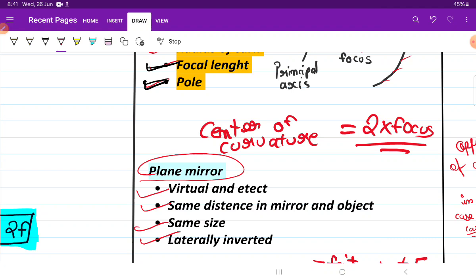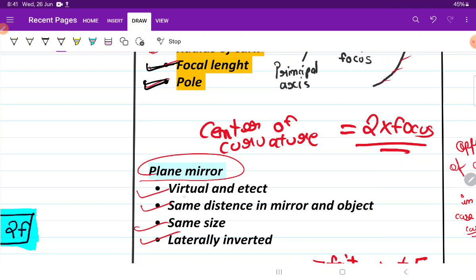For example, this is you, this is the mirror, and this is your image. This is 10 centimeters, this is also 10 centimeters, and the distance between both will be 20 centimeters. So this is the first thing.